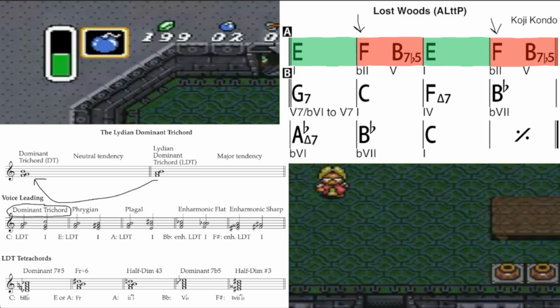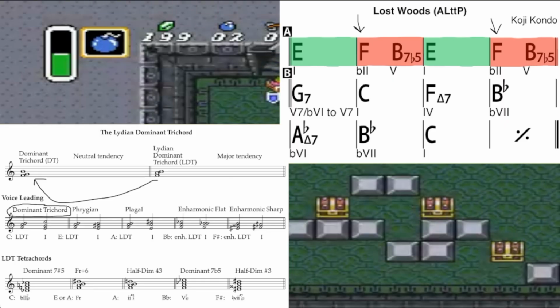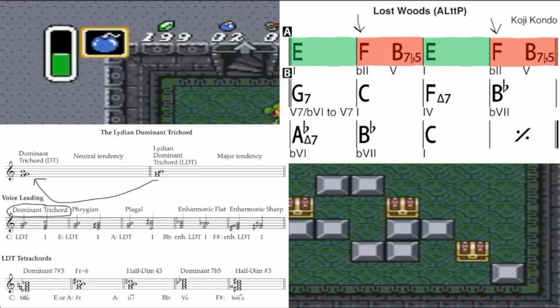And I'm going to play the B section to show you how it sounds in context.